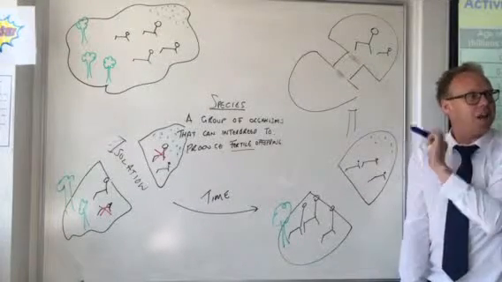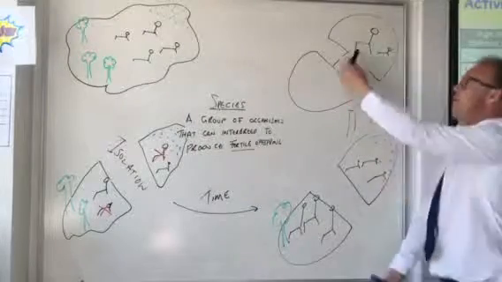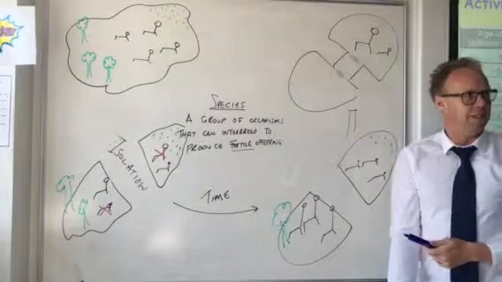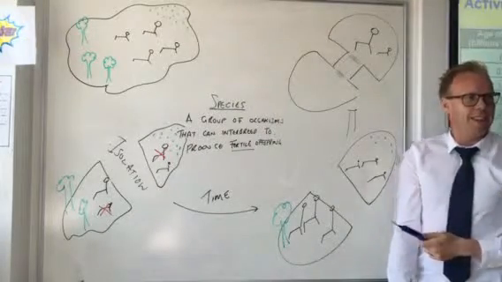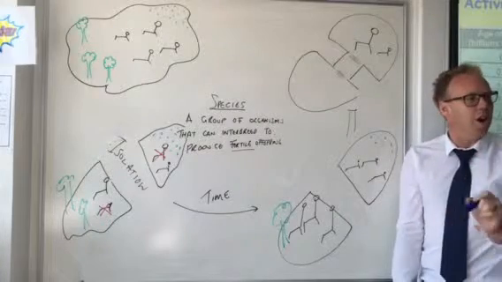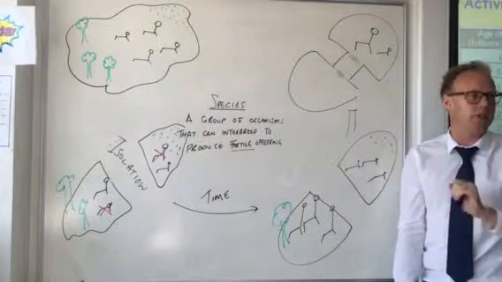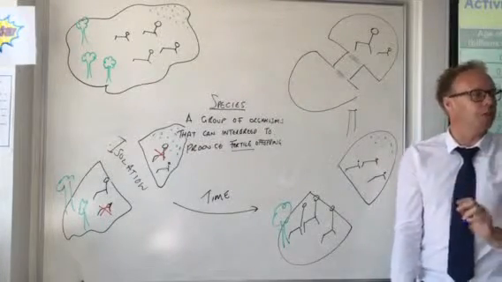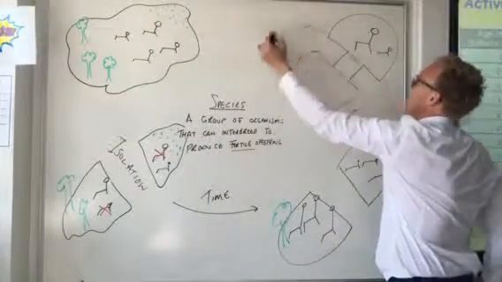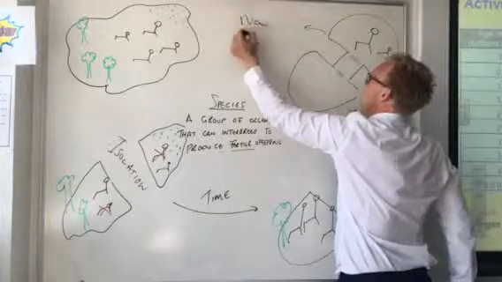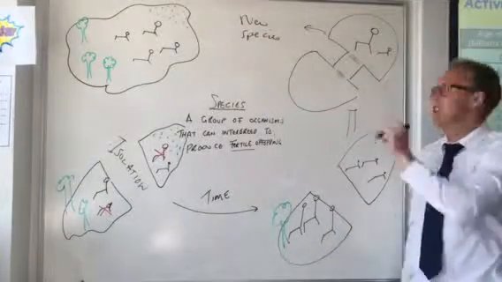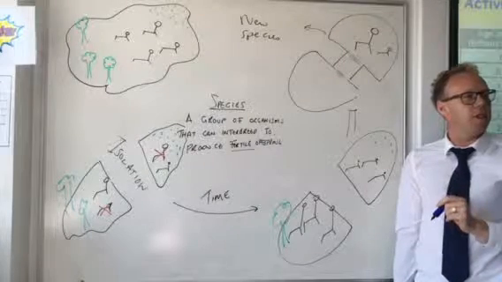But on a serious note, there's a physical problem there, and therefore there is a reproductive blockage. They can no longer reproduce. And when you can no longer reproduce, we have formed a new species. In this case, they call this new species a giraffe.